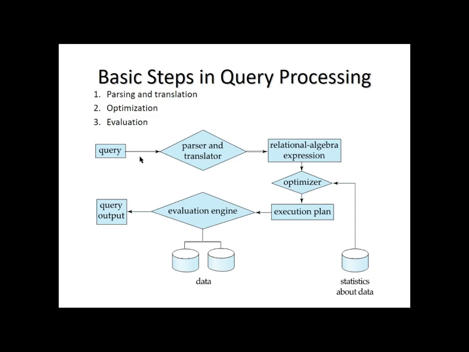Based on that, you get an execution plan to execute the query, and it is given to the evaluation engine. Based on the execution plan, the query evaluation engine will execute the query using the data available in the database, and finally we get the query output.